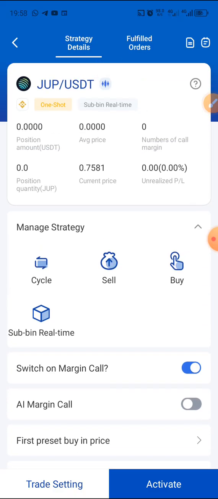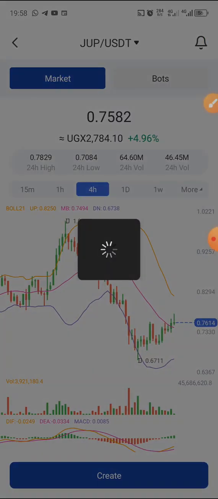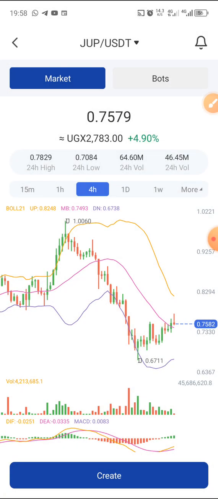And your coin will be running, ready to be sold at your take profit ratio, or your robot will be ready to buy when the prices go down, so that it buys more at a cheaper price. And that is all, guys. That's all you have to do.